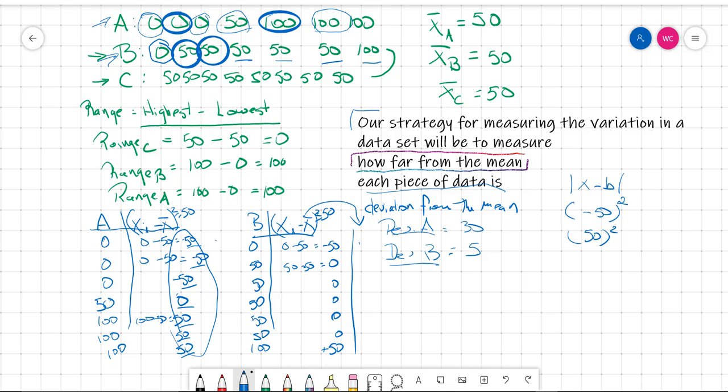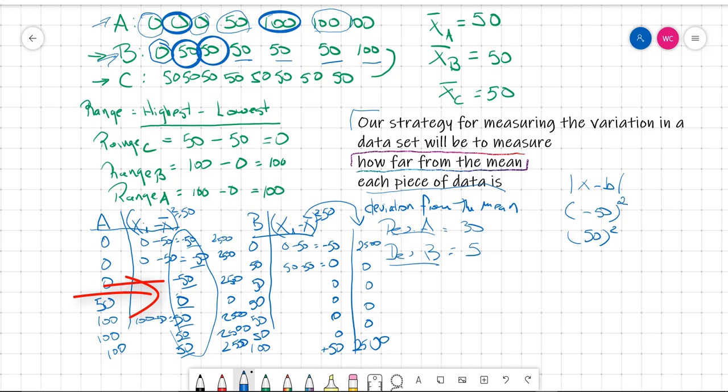So we get 2,500 here, 0, 0, 0, 0, 0. And then over here we get 2,500, 2,500, 2,500, 0, 2,500, 2,500, and 2,500. Now before, when we took the mean of these numbers, it gave us 0.